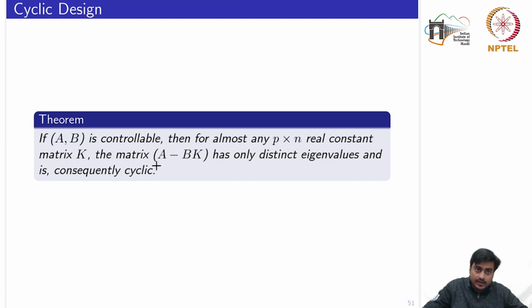This is the main benefit: there we need to iterate for those K bar, but here the closed loop state matrix has only distinct eigenvalues for almost all K. With distinct eigenvalues, this condition is pretty much straightforward, that it would be cyclic because it contains all distinct eigenvalues.